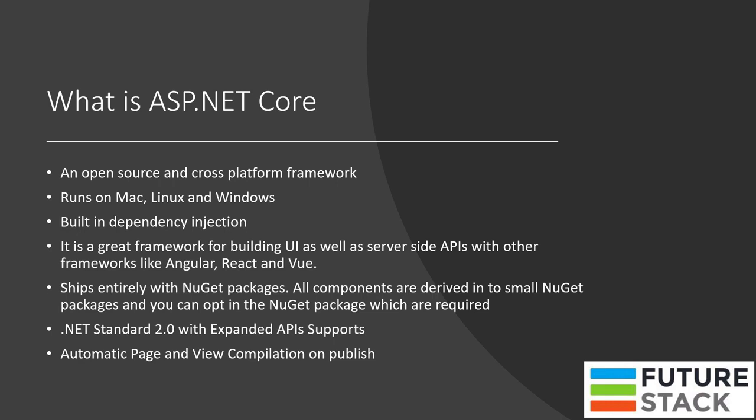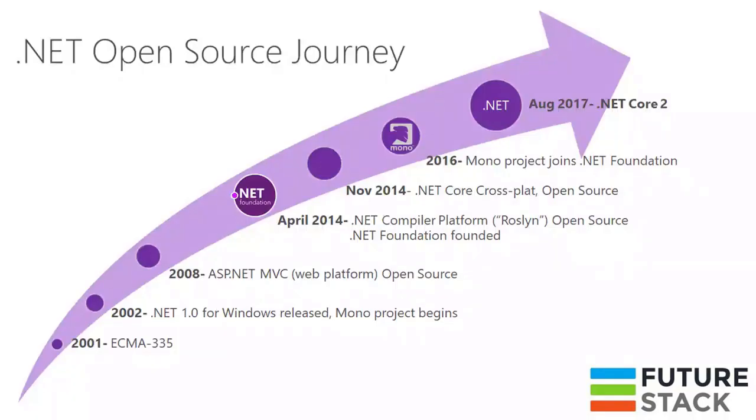And .NET Standard 2.0 comes with expanded API support. And when we publish this application through .NET Core, page and view compilation happens automatically. So it's very easy when we deploy to the QA environment, development environment, or even the production environment. If we get any error at publishing time, before we publish, it will be easy to find it out.